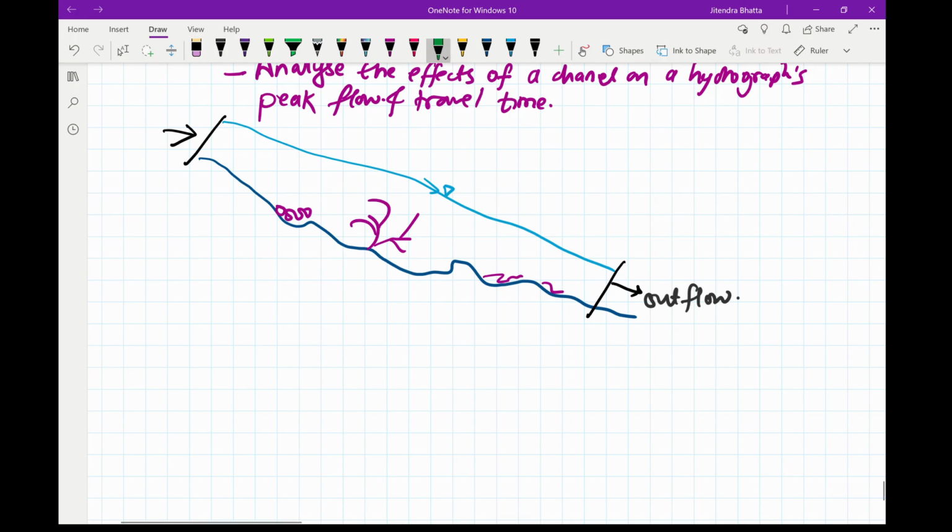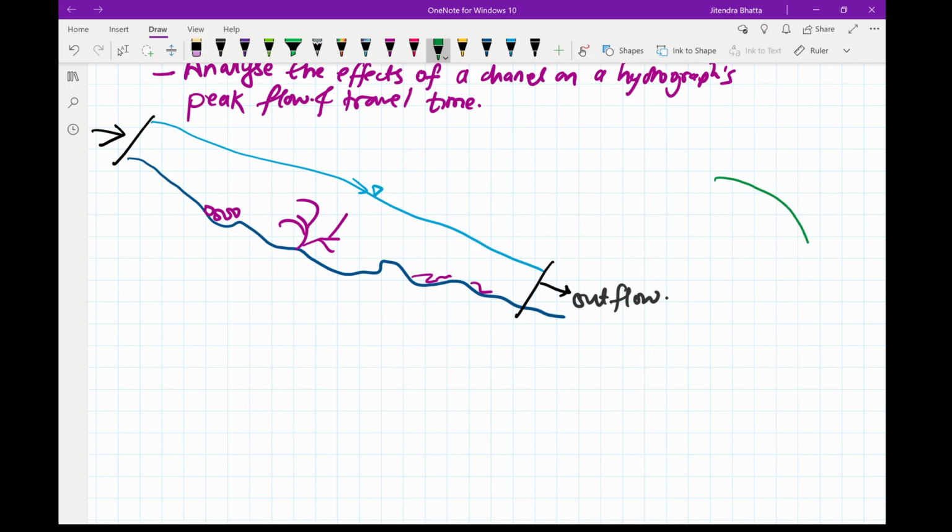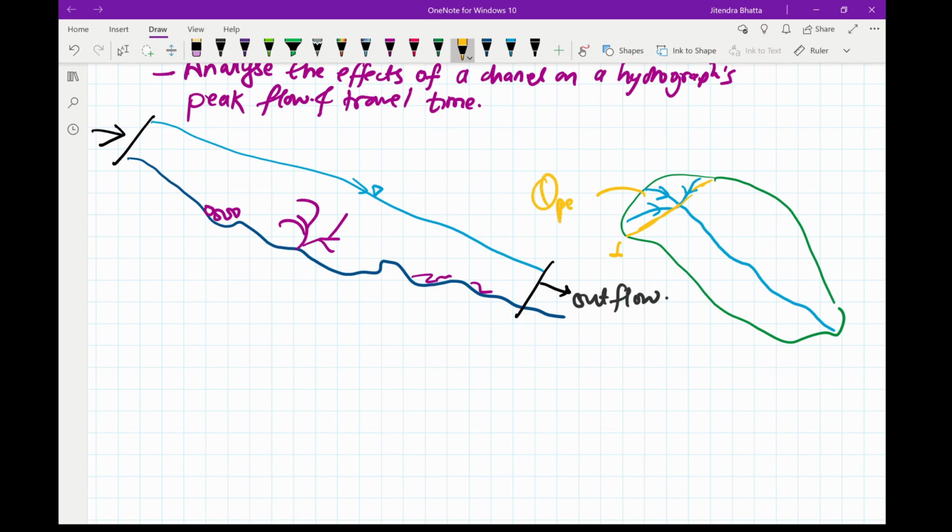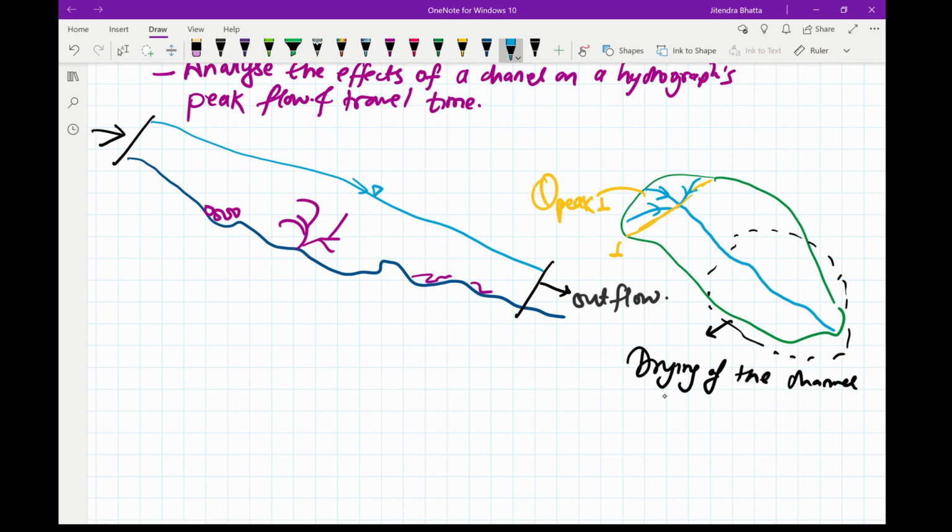If you look in a plan like this, and let's say you have a river flowing like this, in this region you may have some inflows. In this area 1, let's say your peak flow is Q peak 1. Now as you see here, there are no lateral inflows, which may result in drying of the channel and may result in attenuation of the peak.